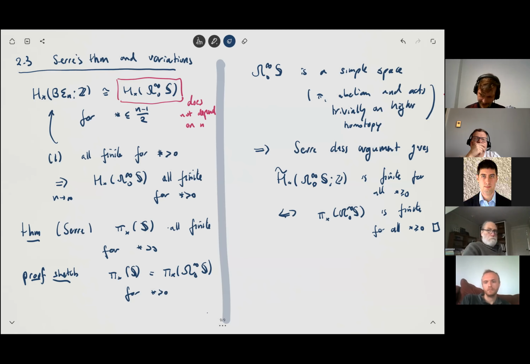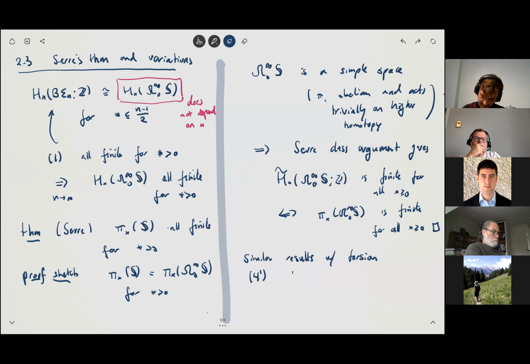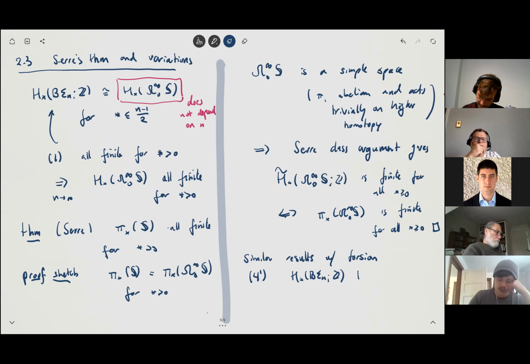We can do something similar with torsion. Okay, well, why is that? This property tells us that there's no p-torsion in these homology groups for n smaller than p.